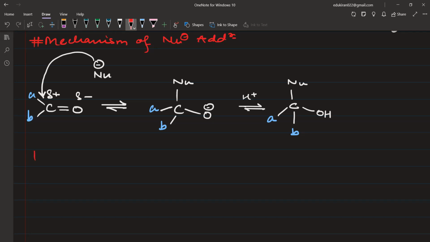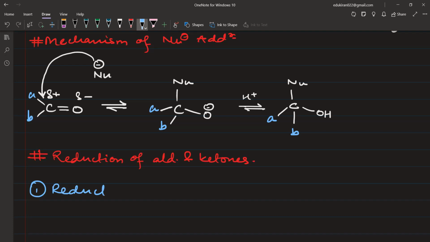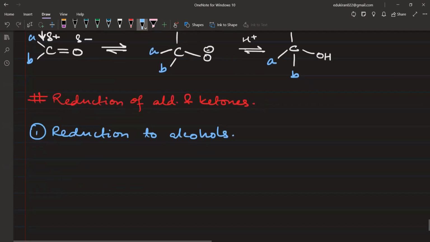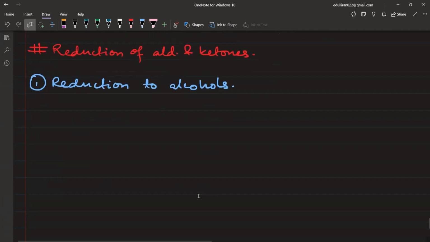Once you're done writing that, you will write reduction of aldehydes and ketones. In this you will write the number 1. Reduction to alcohols. Now, these reactions we have learned in methods of preparation of alcohols.